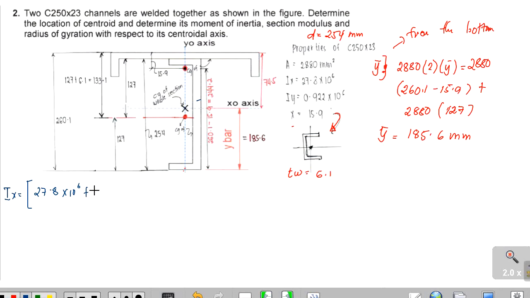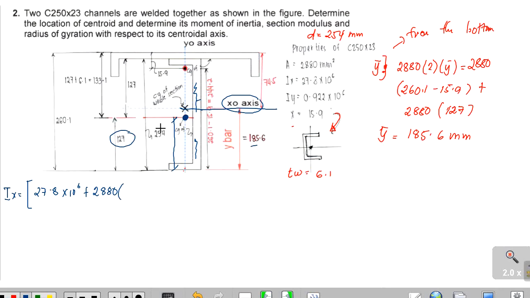We have area 2880, and the distance. What is our distance? Our x-axis for the whole section is located 185.6 mm from the bottom, and in our standing C section, the location of the centroid from the bottom is 127.